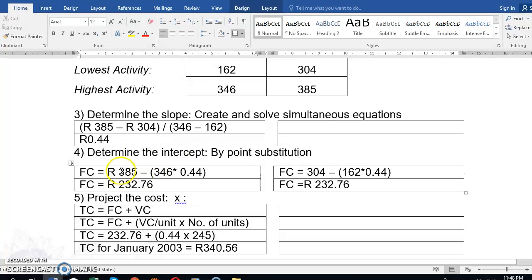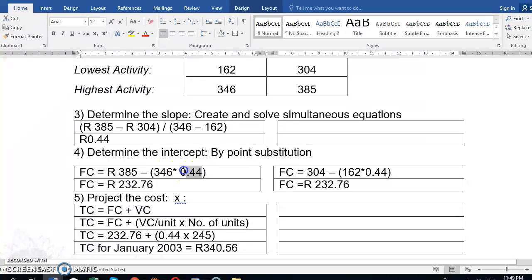Remember, fixed cost will essentially be total cost minus variable cost, because total cost is variable plus fixed. You can either use the 385 or the 304. If you use the 385, you will say 385 minus 346 at 44 cents, because at 385 the number of calls was 346.